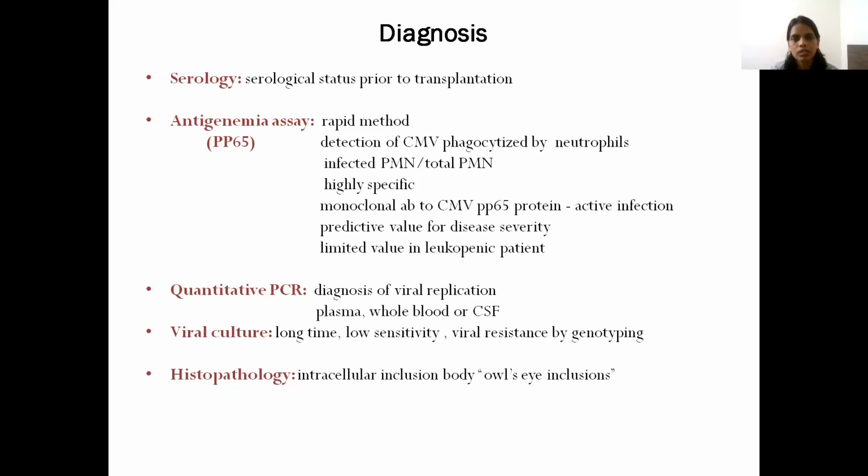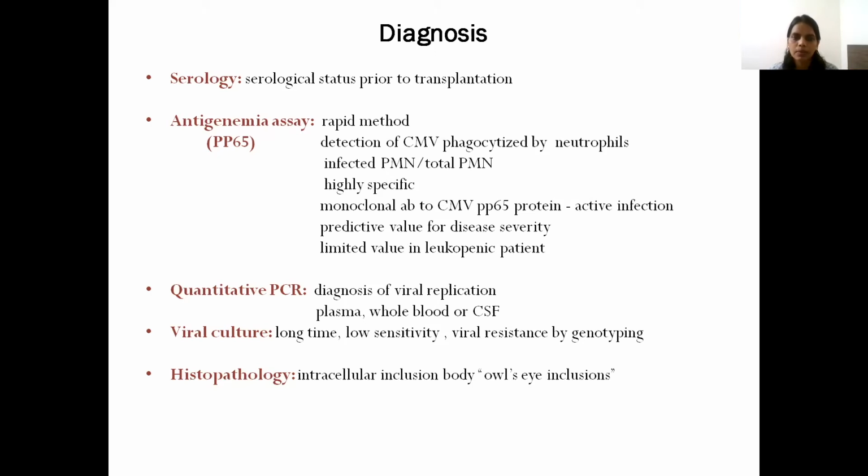Then how to diagnose the CMV infection? The first one is serology. Serology is generally done prior to transplantation for the serological status of the donor and recipient for risk stratification. The second one is the antigenemia assay. Here the pp65 is used.